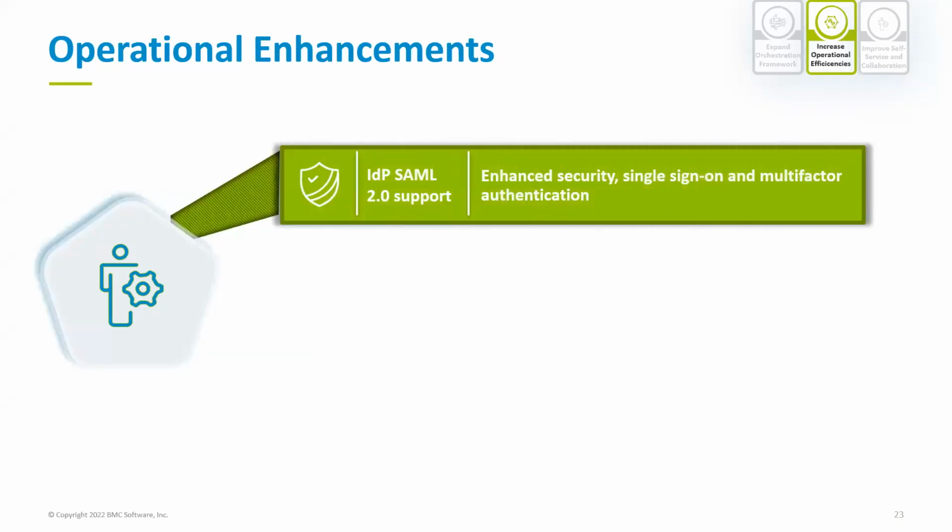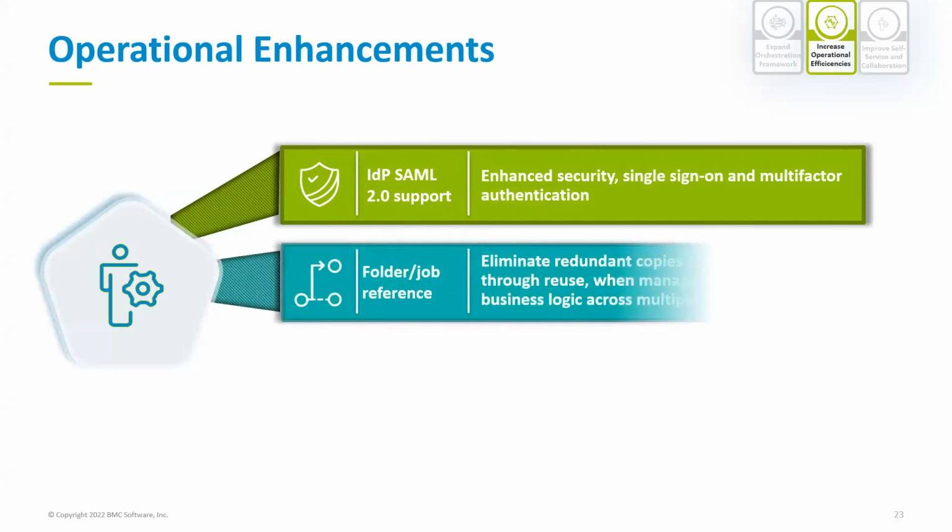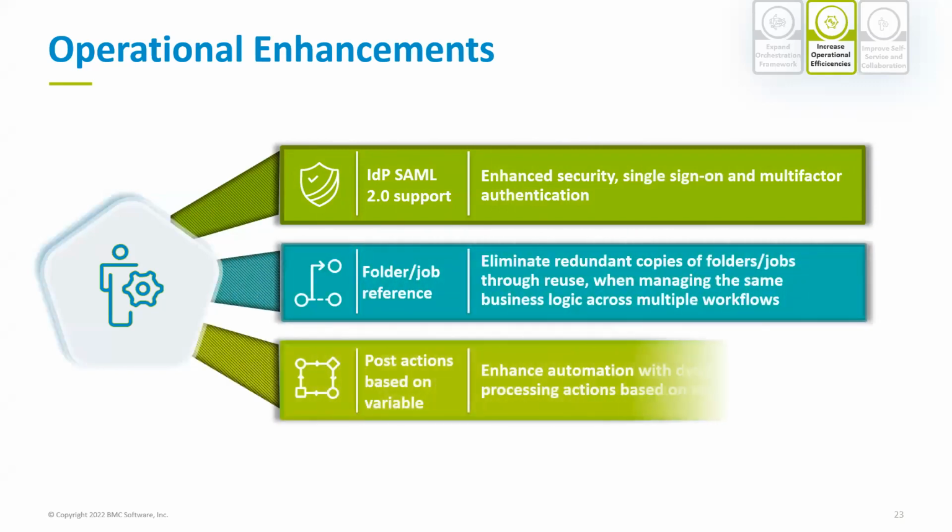The operational enhancements we can basically categorize into 3 major portions. Number 1 is, like I told, identity providers, SAML support, enhanced security, single sign-on, and multi-factor authentication. From the workflow development side, for the task and process development landscape, we have introduced something called a reference type of folder, a reference.